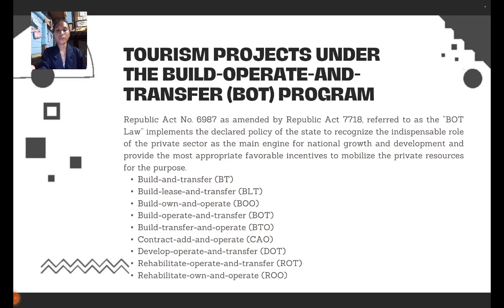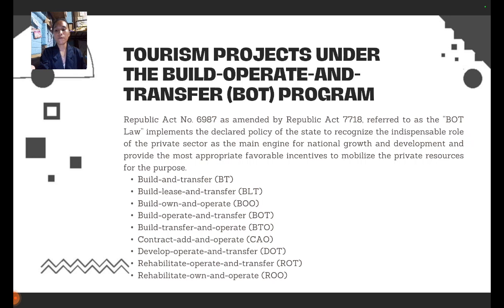Next, we have here the tourism projects: build, operate, and transfer. Republic Act Number 6957, as amended by Republic Act 7718, commonly known as the BOT Law, reflects the government's policy to acknowledge the crucial contribution of the private sector as a primary driver of national progress and development.